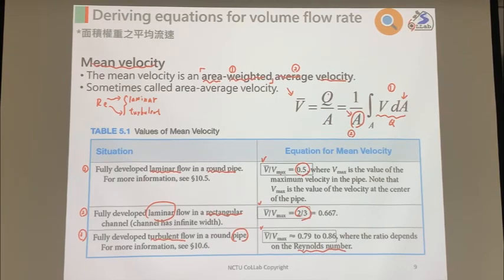If the flow is uniform, the mean velocity is quite close to the V maxima. So you see the ratio is quite close to 1. But compared to the previous two conditions, one is 0.5 and another is 3/2, so they are totally different.